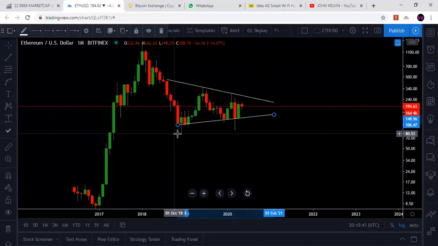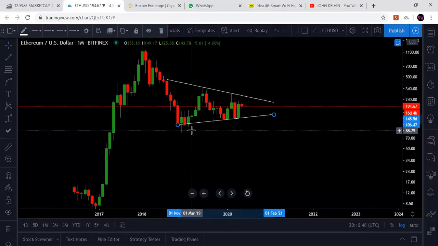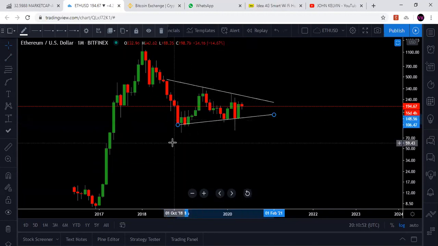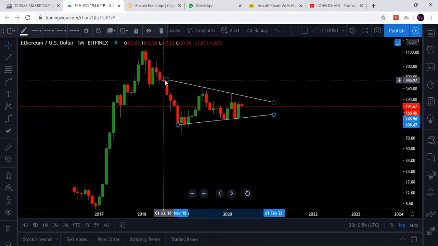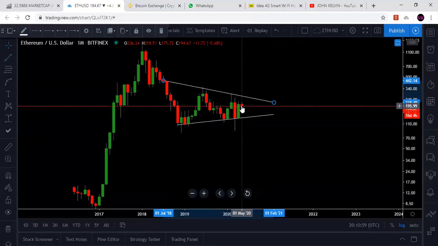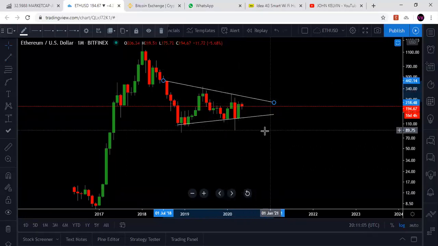Forget about this rejection wick. You don't need to pay attention to this rejection wick at all, we're using the close. You can use the close here, you can use the close above. But this is a symmetric triangle, and one thing about a symmetric triangle is you have to wait for it to close either to the upside or the downside.